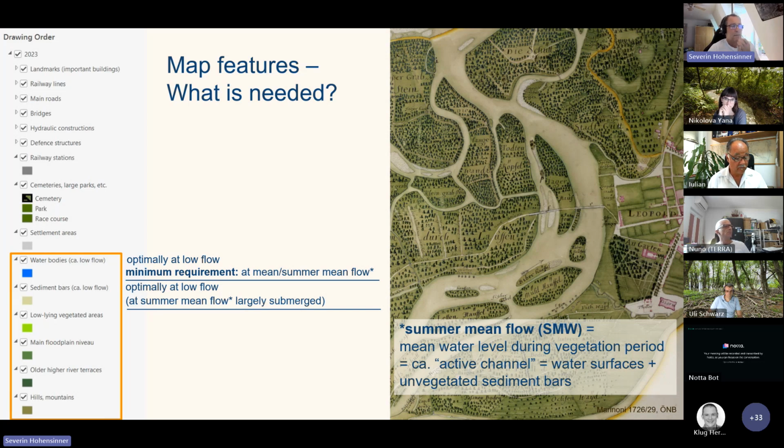If you focus on the active channel, this can be seen in the maps, in the photos, and it's clearly defined. At the Austrian Danube, and I think at longer Danube sections, it's the summer mean flow, as the flow during the vegetation period.